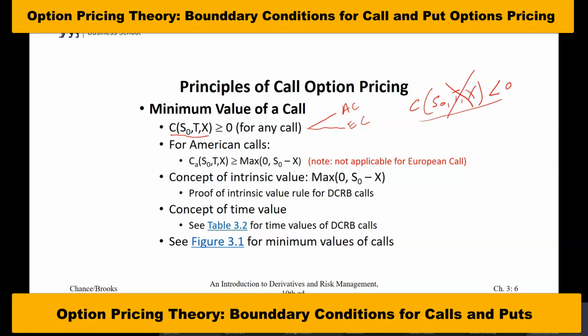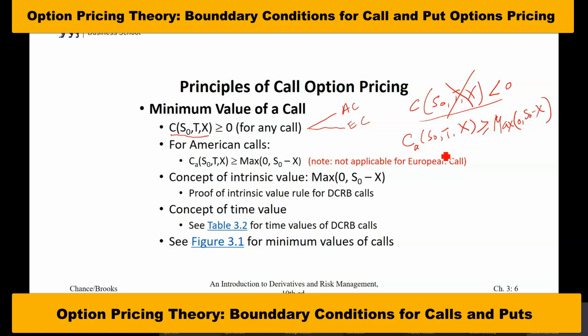For American calls, we will write it like this. The price of an American call will always be greater than or equal to the intrinsic value. This is called the intrinsic value, the maximum of 0 or stock price minus exercise price.